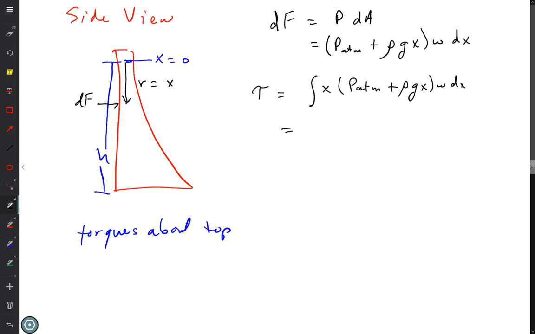I have two terms, so I'm going to break this up into two integrals. P atmosphere times W, integral of x dx going from 0 to h, plus rho g W, integral from 0 to h of x squared dx.